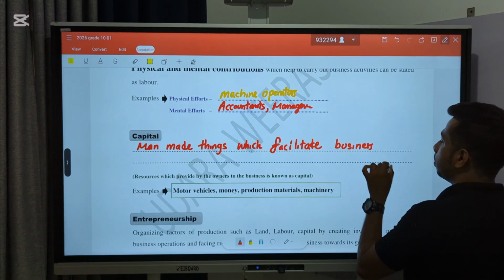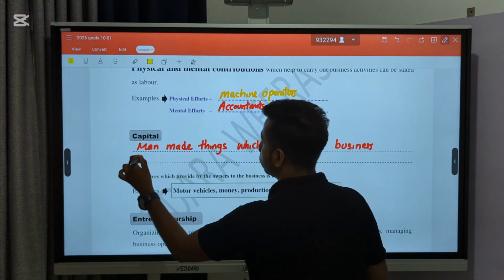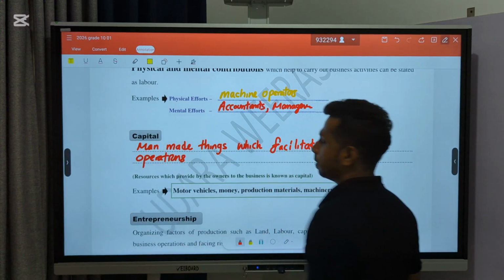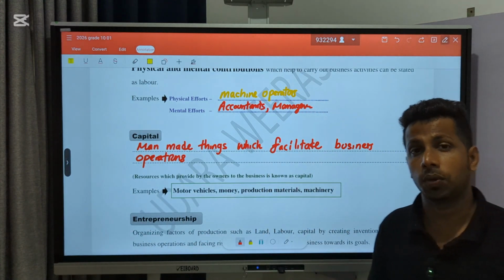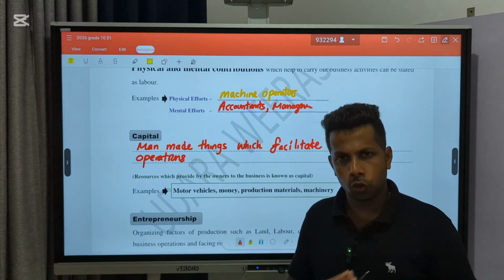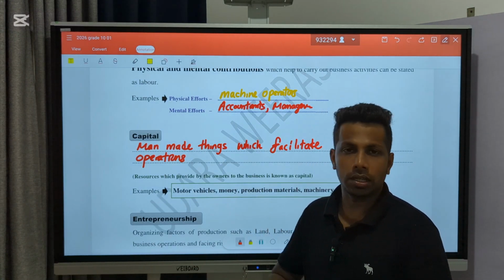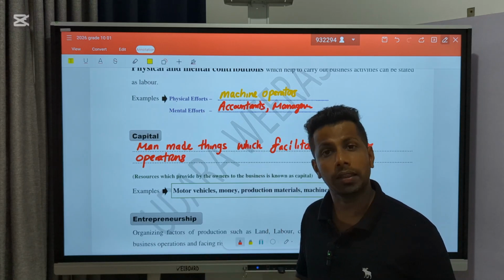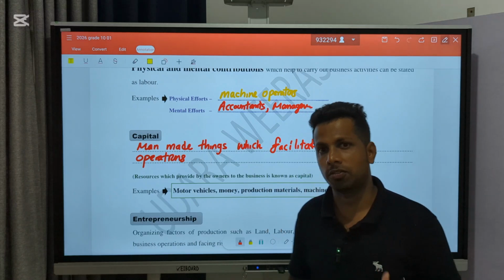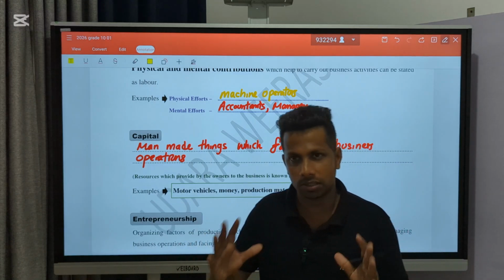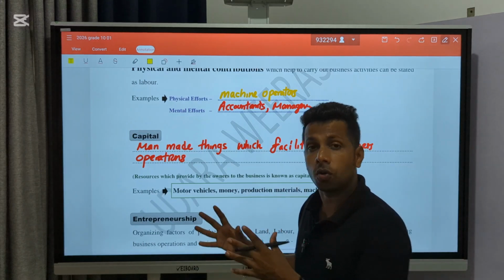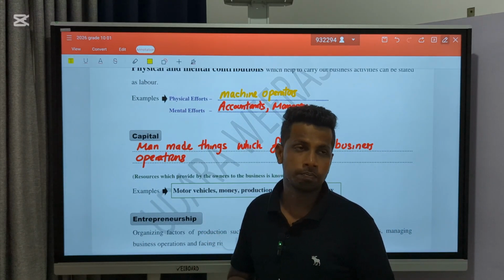Man-made things which facilitate business operations, we can identify as capital. So when doing a business, we need buildings. Are these given by the nature? No, man-made things. When doing a business, we need machinery. So machinery is made by human beings. So dear children, such man-made things which facilitate business operations, we can recognize as capital.